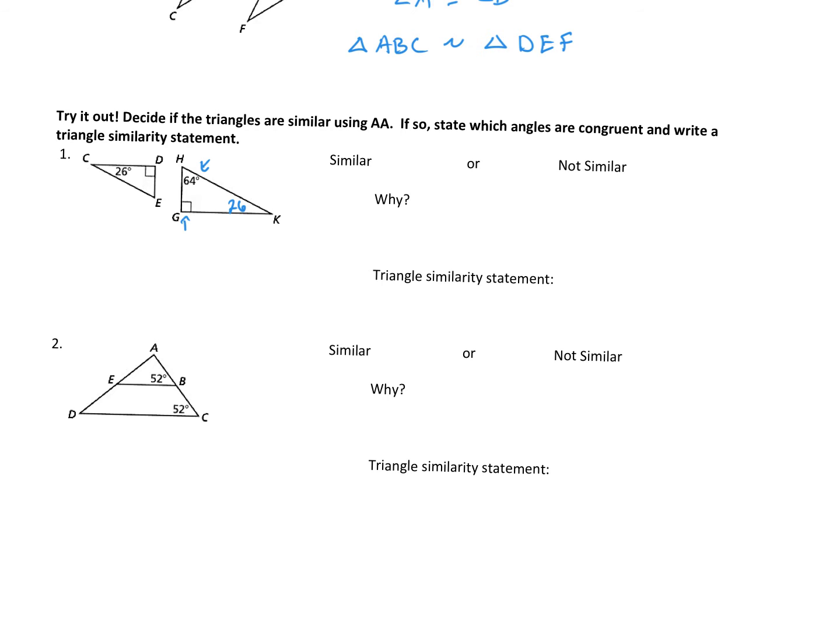Well, now I have two triangles, and they both have a 90 degree and they both have a 26 degrees. So they are similar because angle D, which is a 90 degree, is congruent to angle G, and angle C is congruent to angle K. My similarity statement, remember, be careful, we have to match up the angles that are similar together.